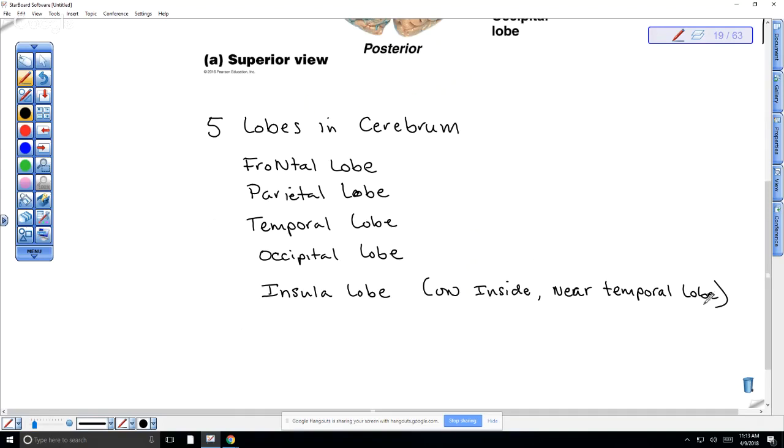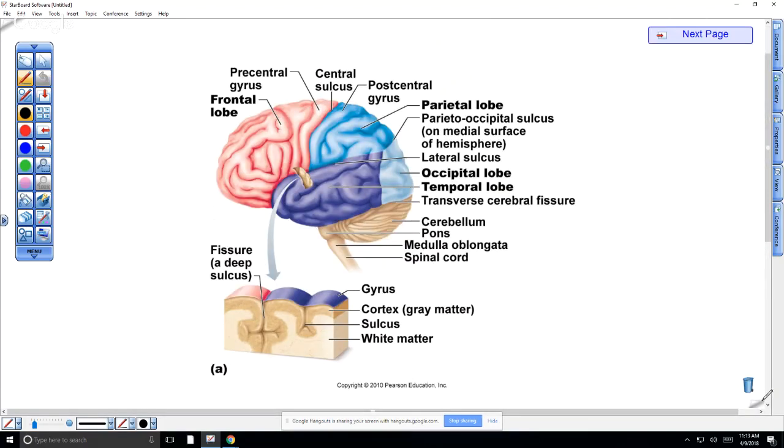I think there might be a picture of the insula lobe here. Yes. If you look at these lobes, this would be the frontal right here, the temporal, the parietal, the occipital. And if you look inside, you would be able to see some folding ridges and grooves that have become incorporated into the inside of the brain. That would be the insula lobe.